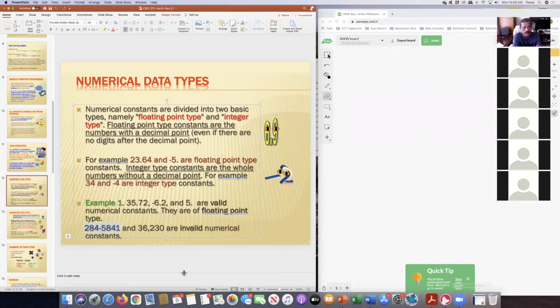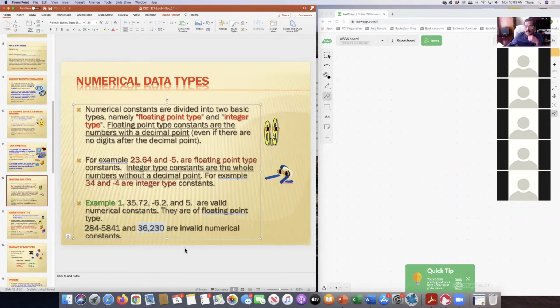This is called string. That will be coming into the data type called string type, and that's beyond the scope of this class. So in this class, we can only handle numerical constants and character constants. Character constants can have only one character in quotes. This is invalid as a numerical constant.